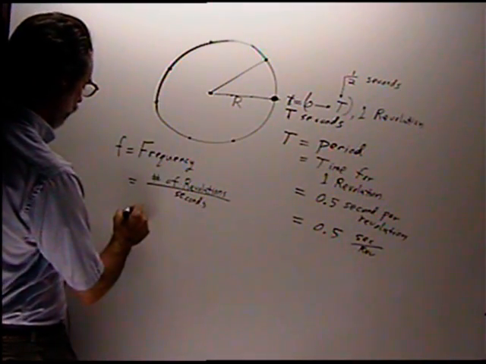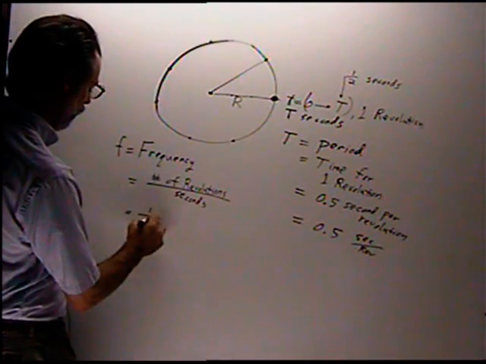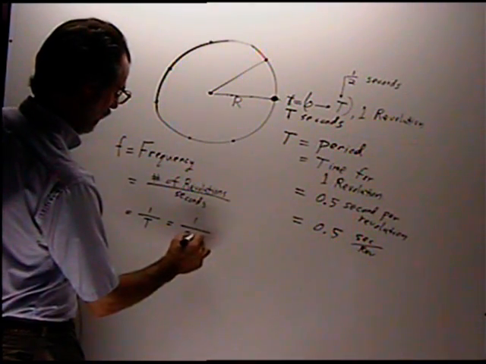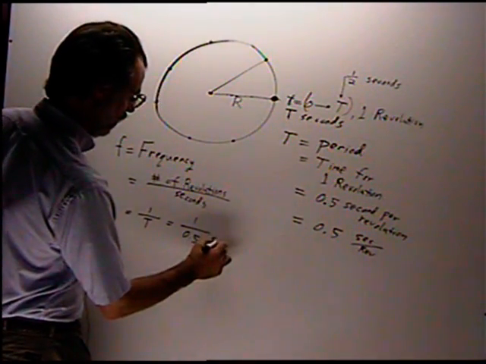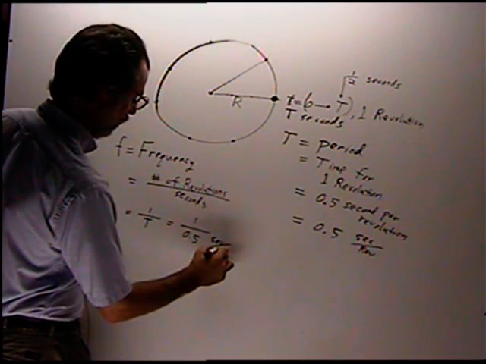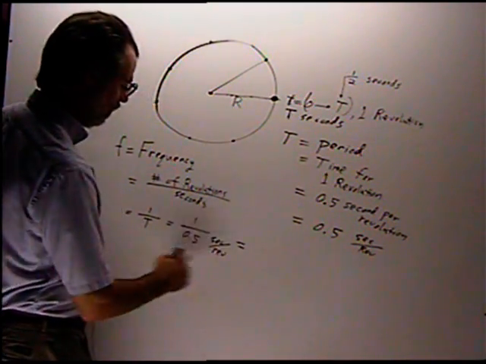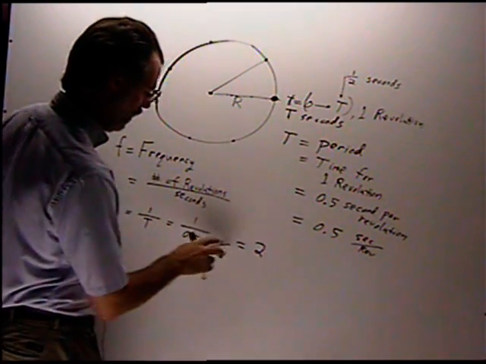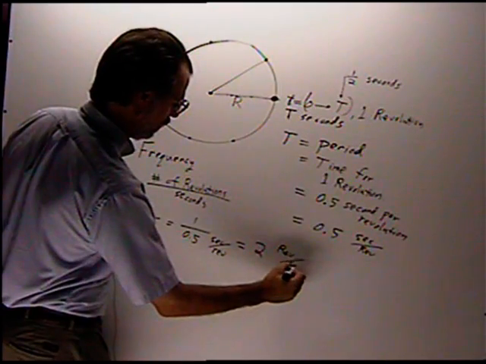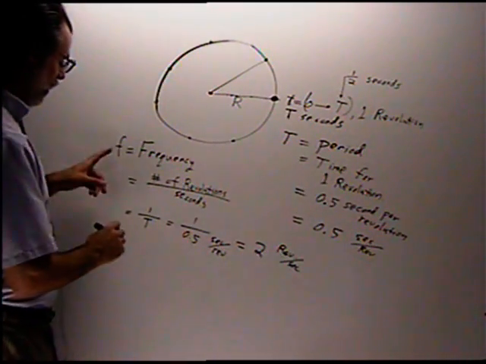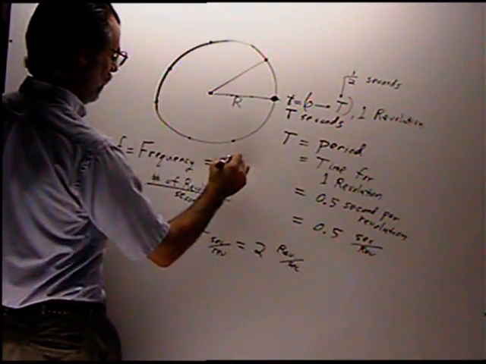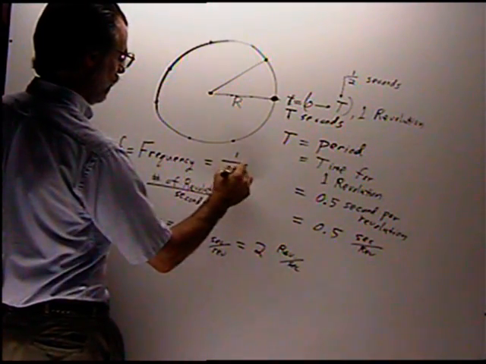We say the frequency is 1 over the period, which would be 1 over 1/2. If we divide this, we obviously get 2, and we flip the units and get revolutions per second. So this works: the frequency is 1 over the period.